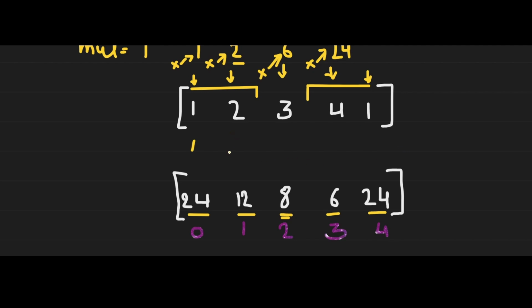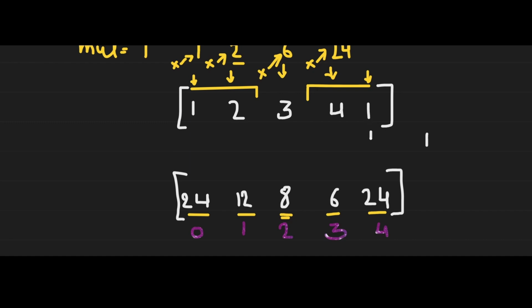So what we can do is follow the same approach as we have followed for the left multiplication, but instead of storing this result inside a variable, we'll store it inside an array. So we'll start from the right side and store it in the array.